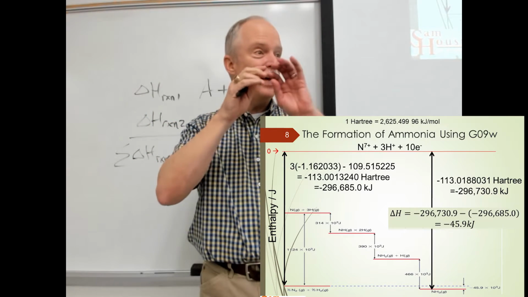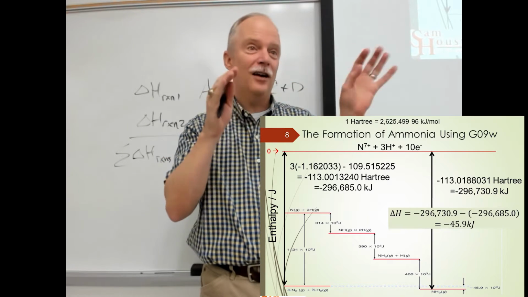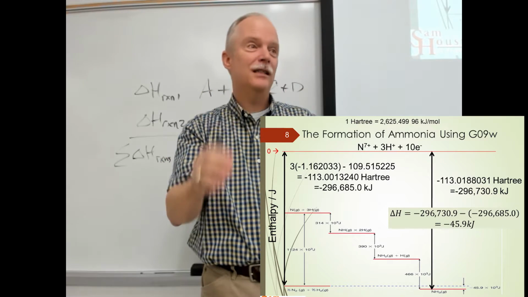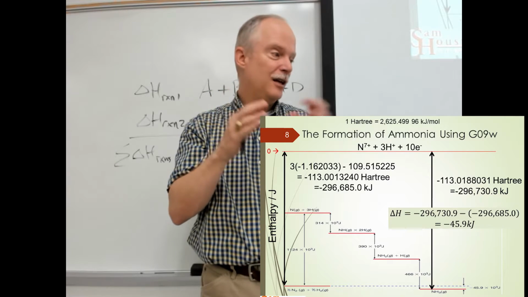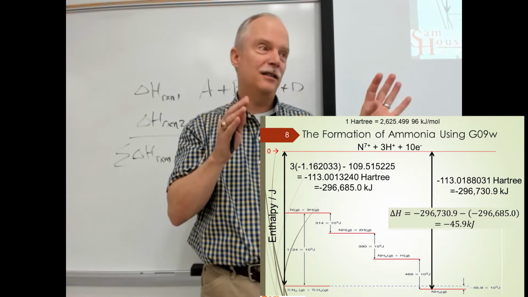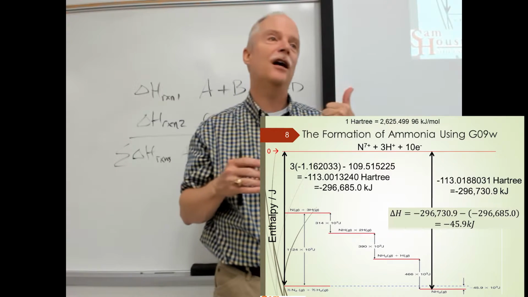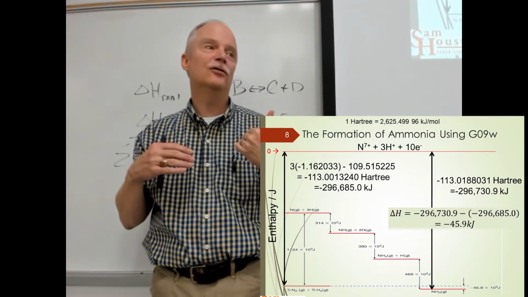So go ahead and use that full conversion. This had to use like Avogadro's number out to 7 decimal places or 6 decimal places, and this used the definition of the joules of a Hartree out to 7 or 8 decimal places. So that's your number to use right there to convert Hartrees to kilojoules per mole.